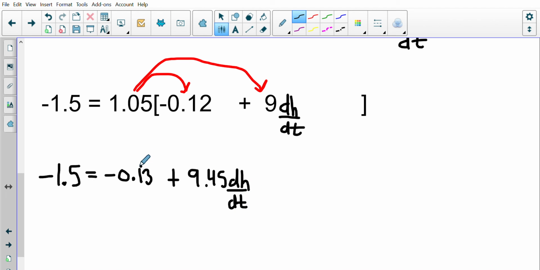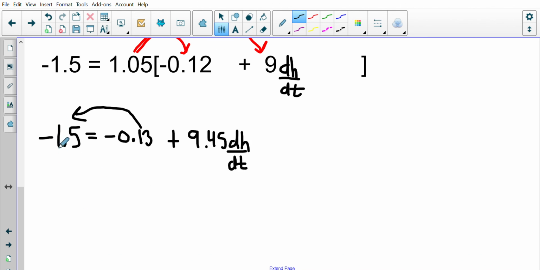All right, I'm going to move this negative 0.13 over to the other side, so it becomes positive. And I can already tell you that's going to be negative 1.37 when I add that 0.13 over there. And that again is equal to 9.45 times dh dt.